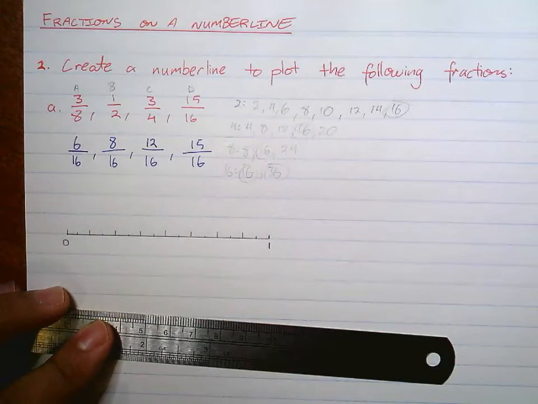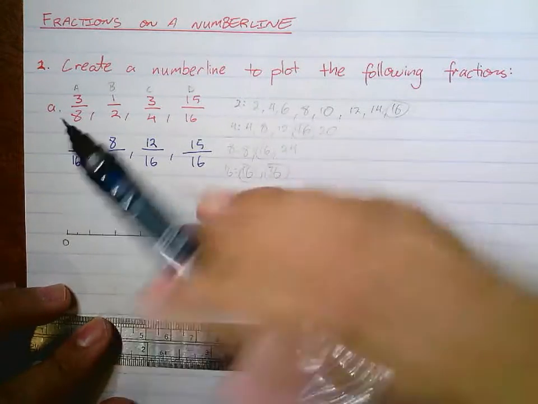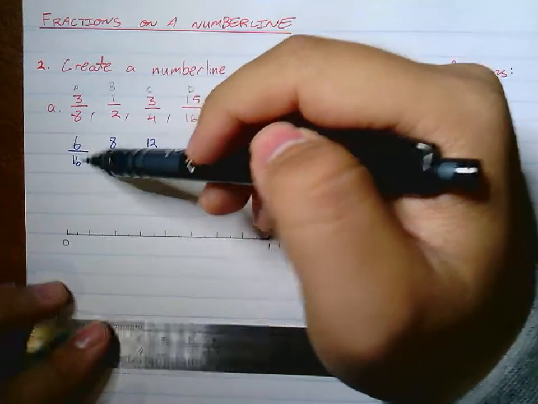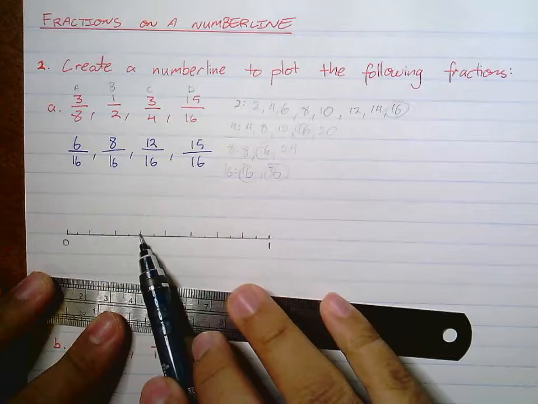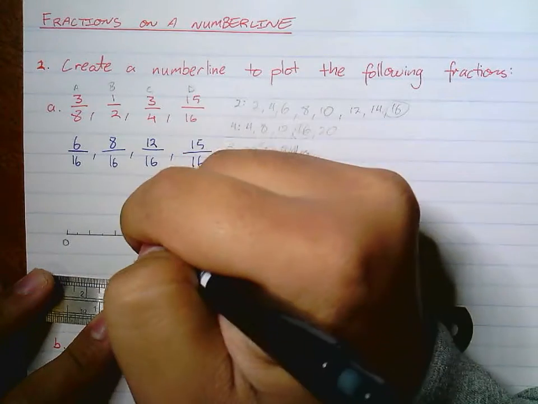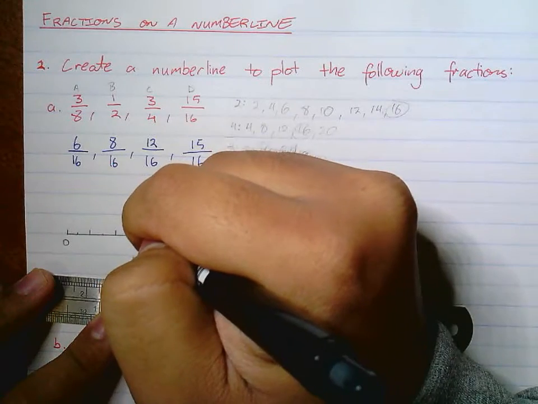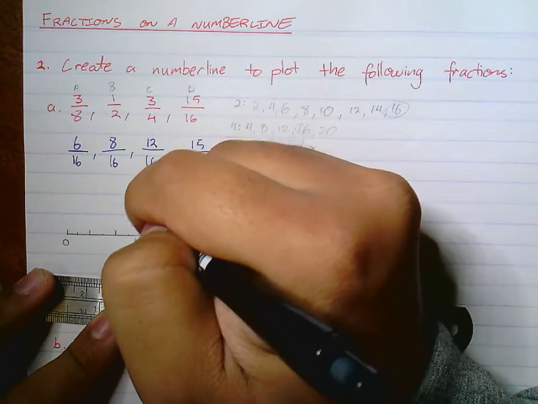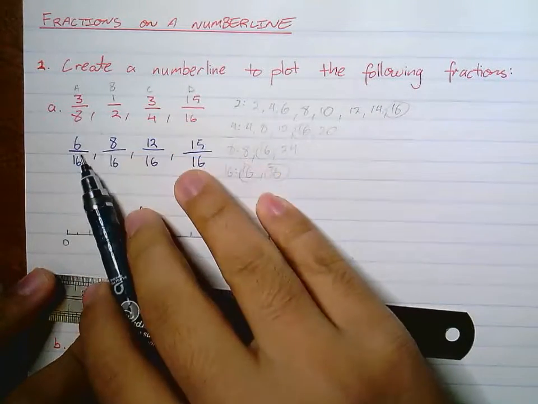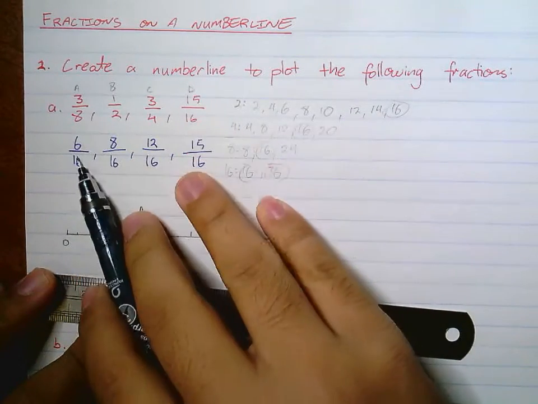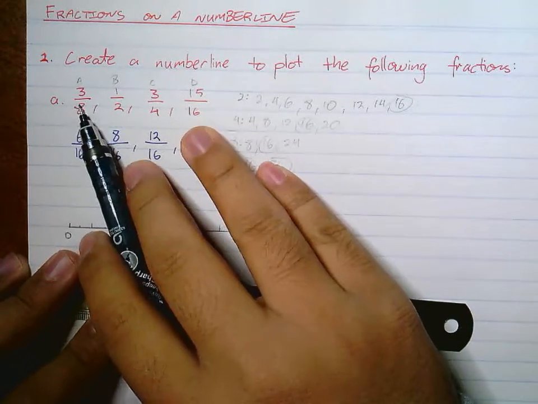Okay. So now it's just a matter of placing these numbers onto there. So 6 over 16, let's count: 1, 2, 3, 4, 5, 6. So this point here is point A, because A is the one we found to convert to 6 over 16, which is 3 over 8.